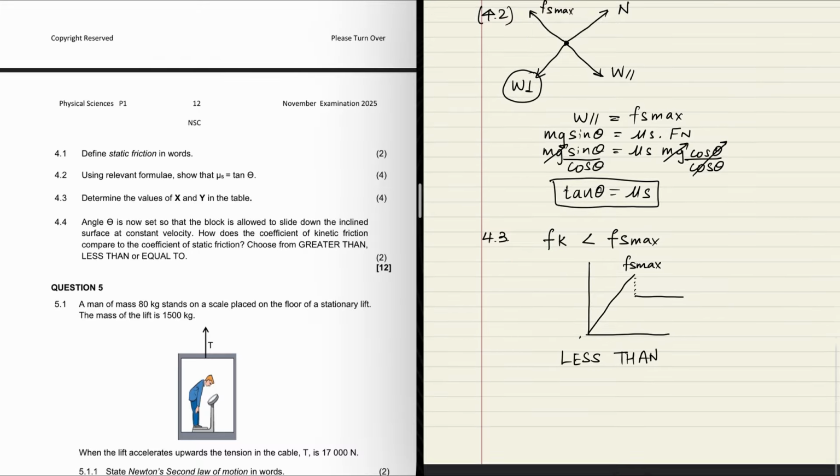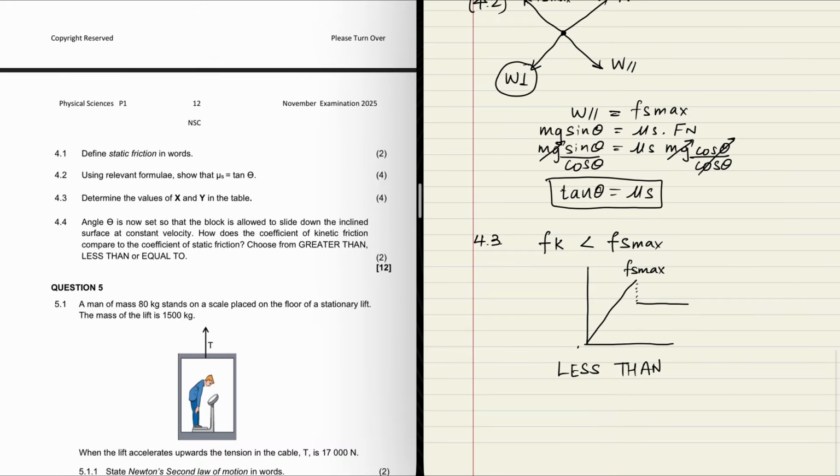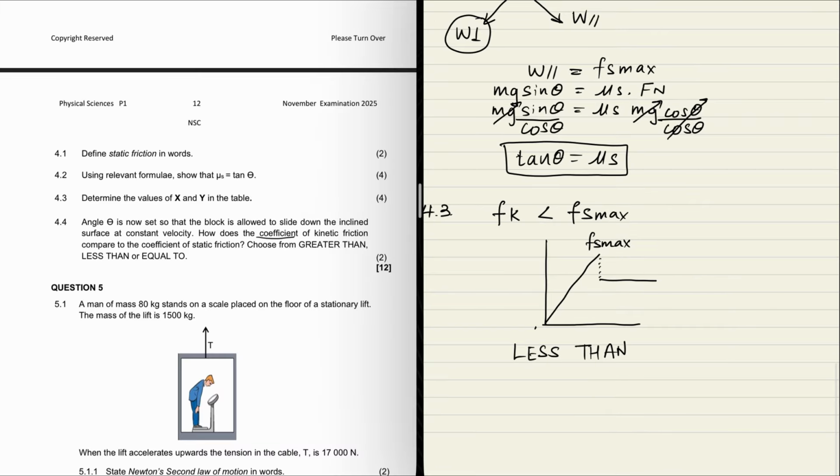We can go a bit more in detail here because the question is asking for the coefficient. So Fk is equal to mu k times Fn. And Fs max is equal to mu s times Fn.